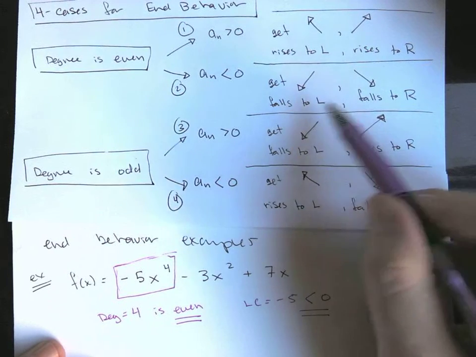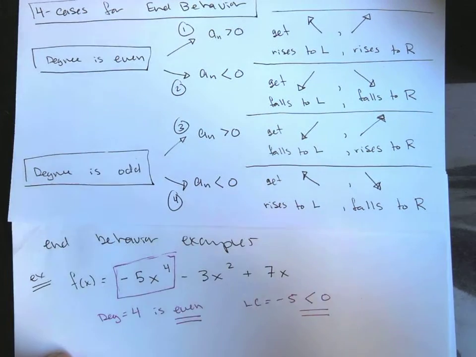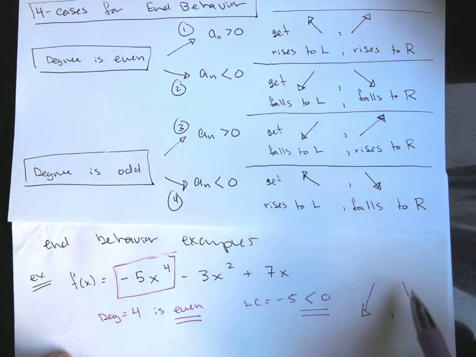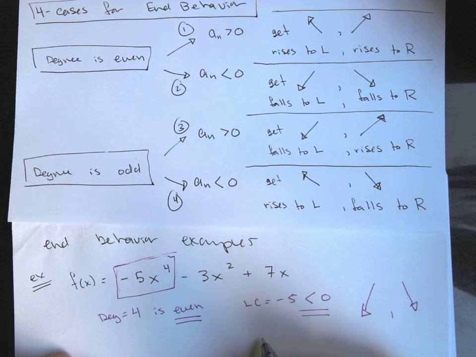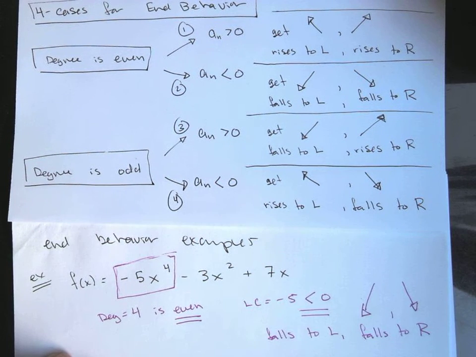That's going to be falls to the left and falls to the right. This isn't telling us anything about the actual up and down process in between. This is only telling us what happens at the very end. If I was going to visualize it, it would be a down and a down, with some sort of up and down happening in between. So falls to the left, falls to the right.